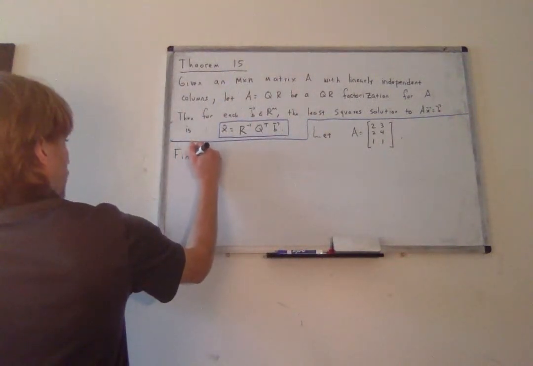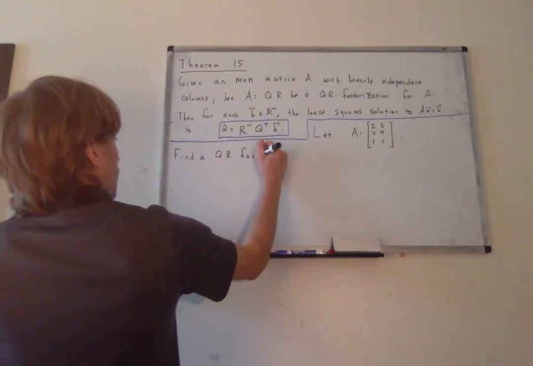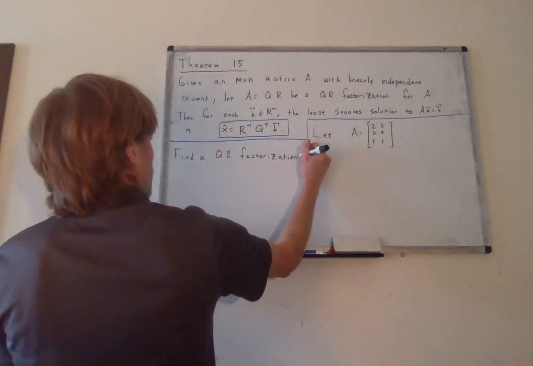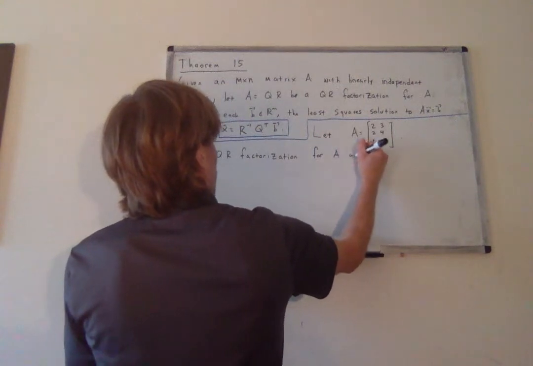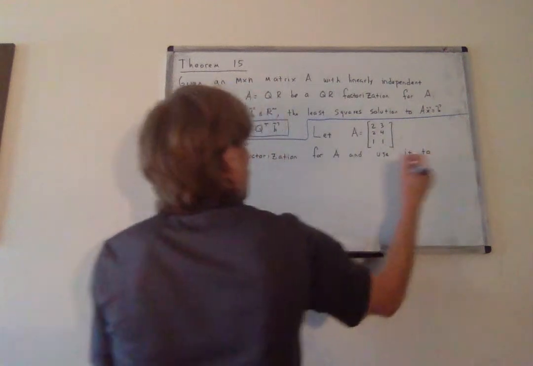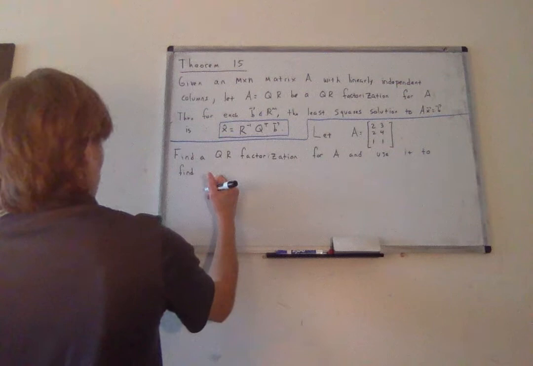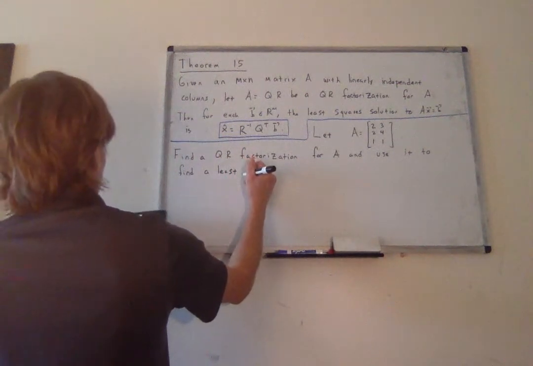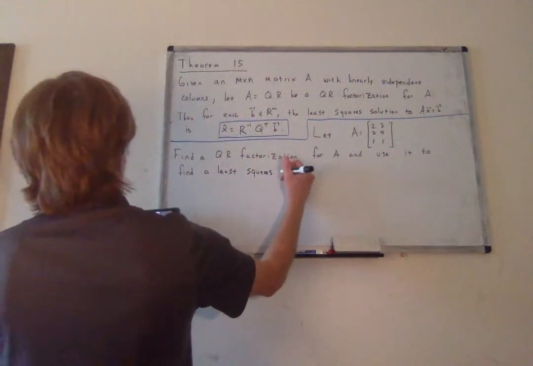I also think that, much like with the previous matrix factorizations we looked at, this could help if we had to find many least squares solutions to many matrix equations with the same matrix A, right?